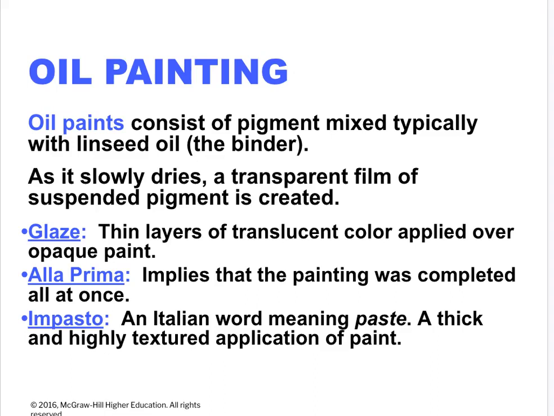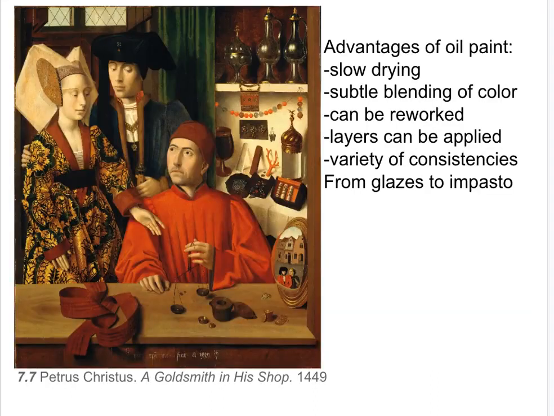And the example I'm going to show you is not impasto. This is a painting by Petrus Christus, a goldsmith in his shop. This would be from the Northern Renaissance. We talk about lots of Renaissances. And while the one was happening in Italy, there was a Renaissance going on in the north. And it was really a rebirth there as well, a booming time of art, culture, poetry, literature, music.